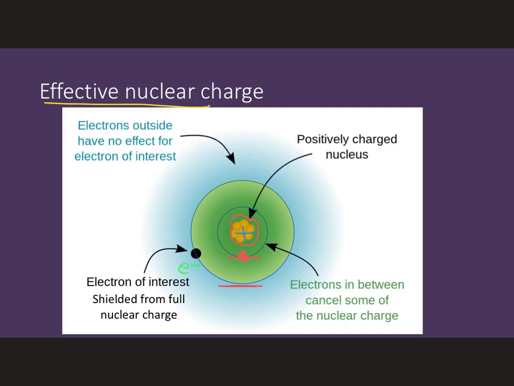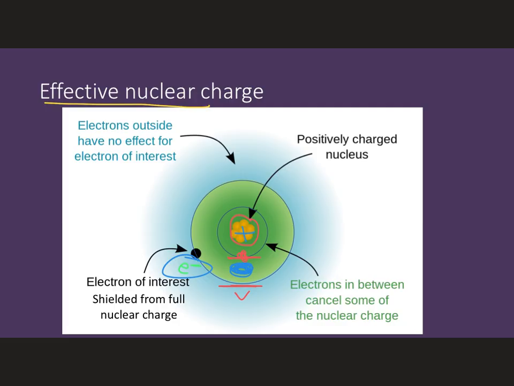They can see it. But these are now shielding or hiding that nucleus away from the exterior electrons that are out here. So if I think about this space in here, there are electrons in here that are blocking our outer electrons, our valence electrons, from seeing that nuclear core.